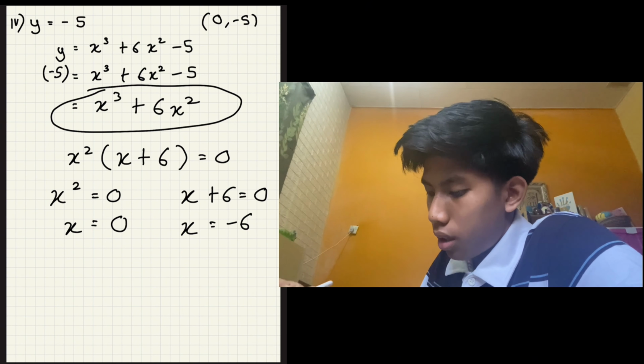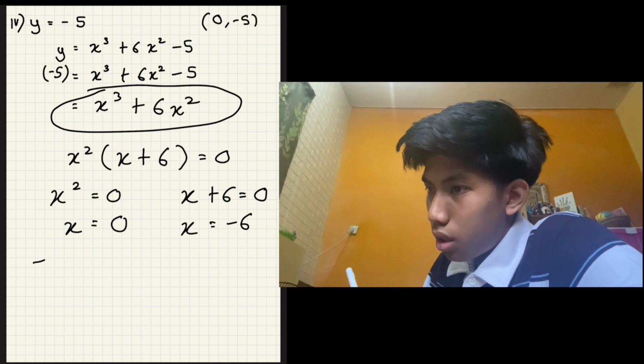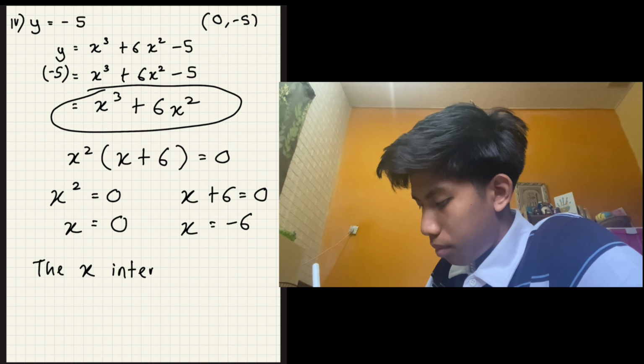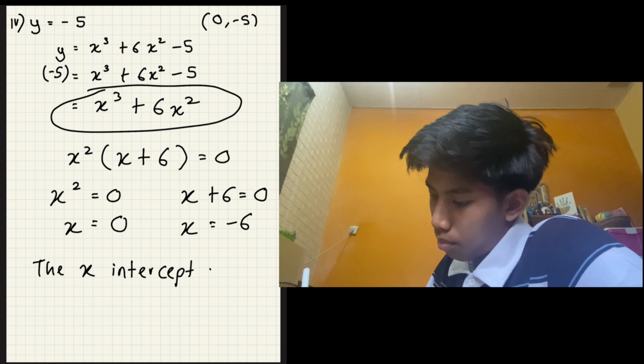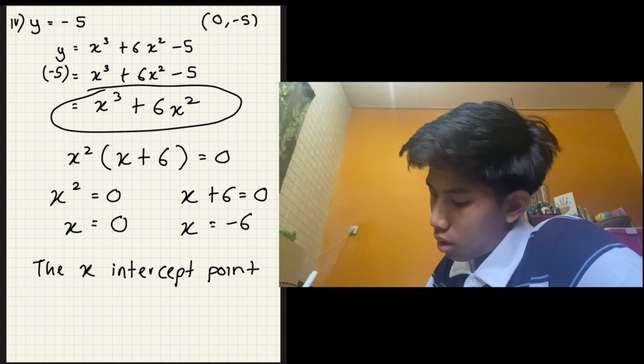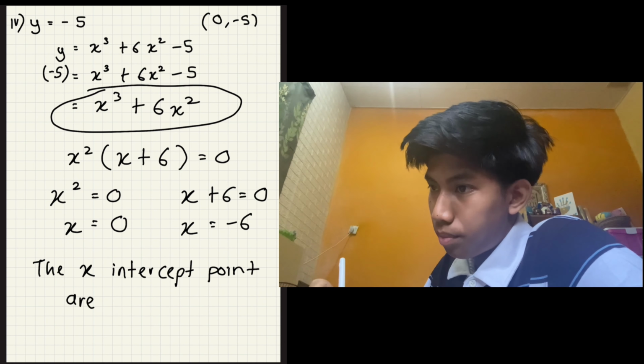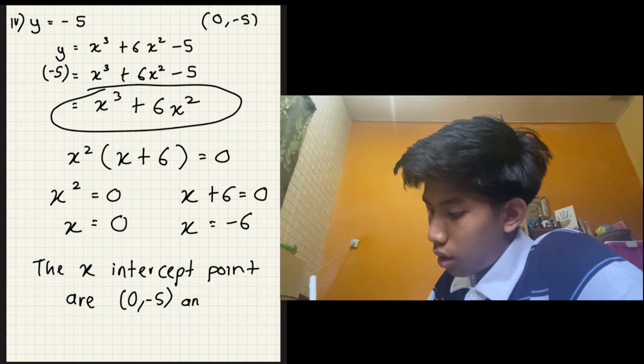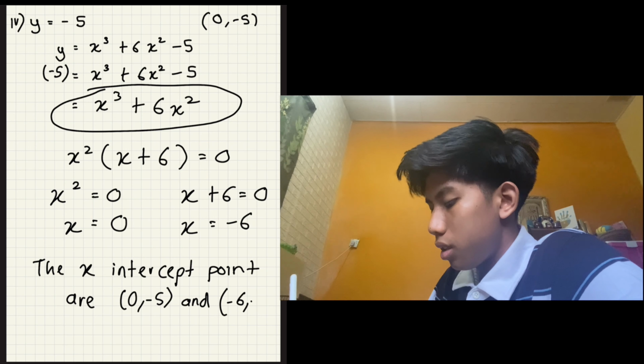Okay, now that means the x-intercept points are (0, negative 5) and (negative 6, negative 5).